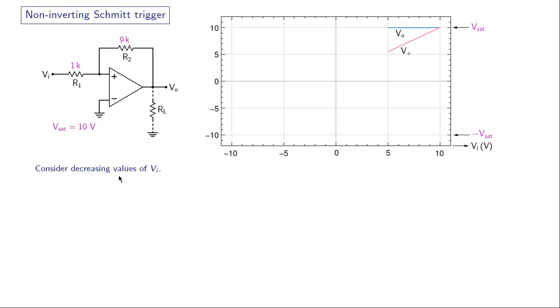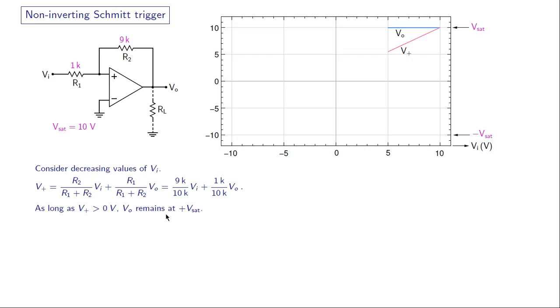So consider decreasing values of Vi. V plus, the same expression as we saw earlier, R2 by R1 plus R2 times Vi plus R1 by R1 plus R2 times VO. So that is 9 by 10 times Vi plus 1 by 10 times VO.